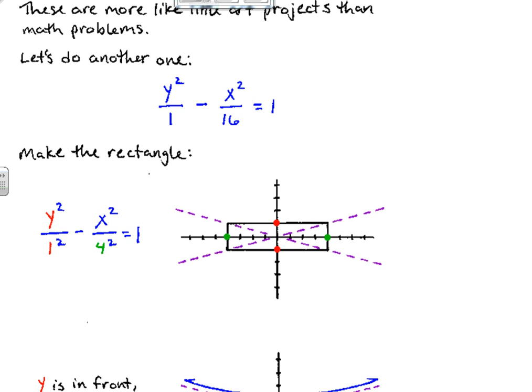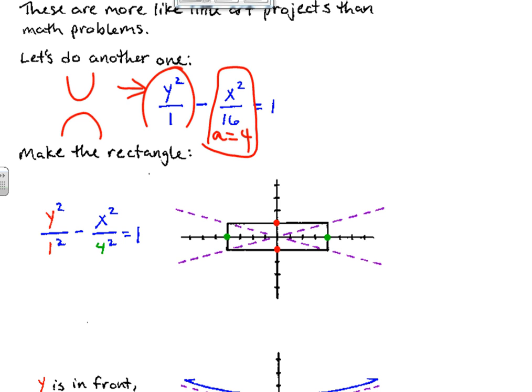So they just did another one that's going to go the other way. So here, y squared is first, so that means it's going to be that kind of hyperbola as we look at it. A is, oh, excuse me, A is in the back now. So A is 4, so that's something to be careful of. It still is left and right based on the x.